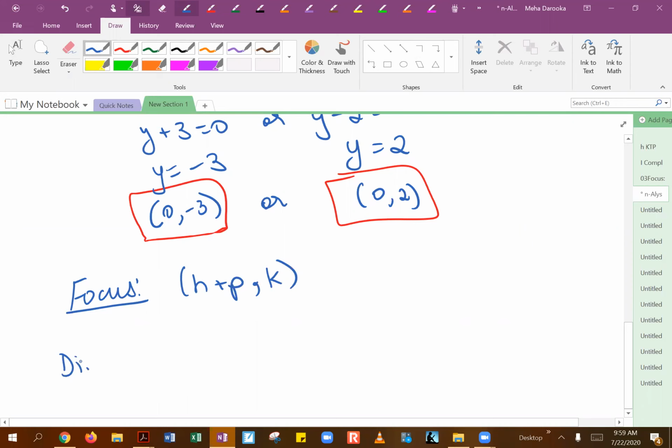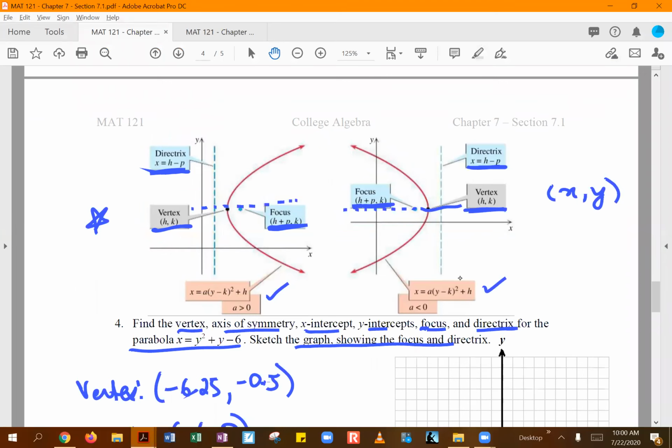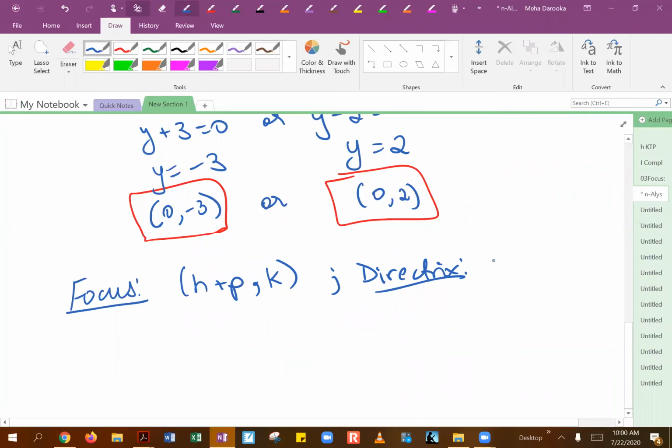And directrix again is defined as x equals h minus p.